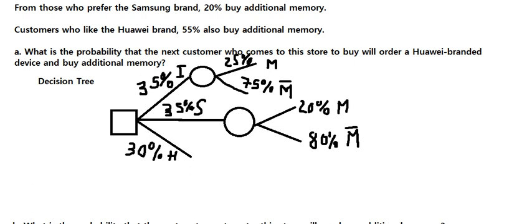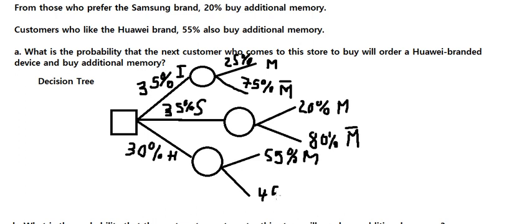And the last one, Huawei, we have 55% for additional memory. So in this one we will have 45% of non-additional memory.